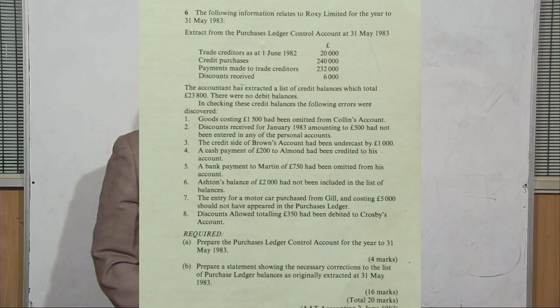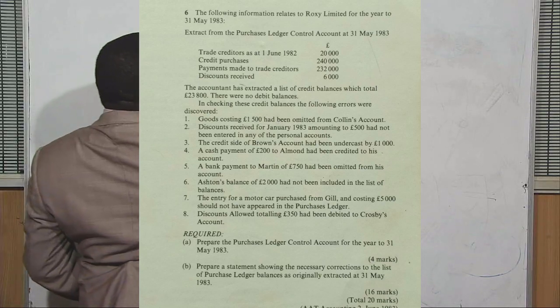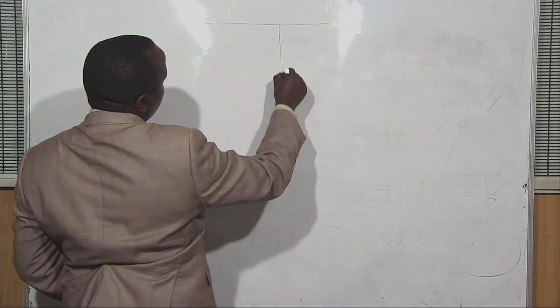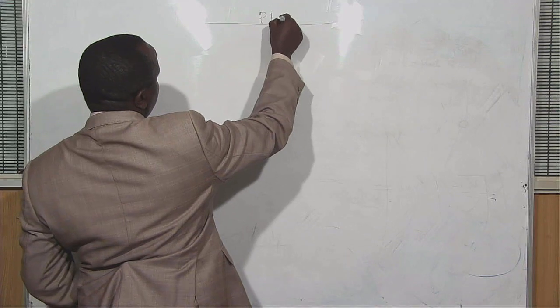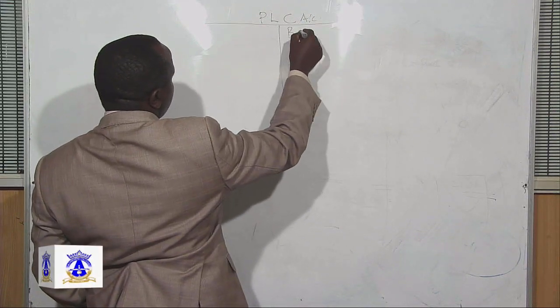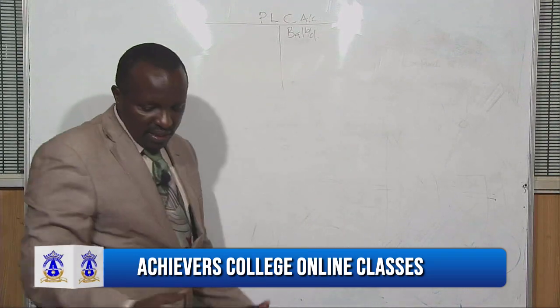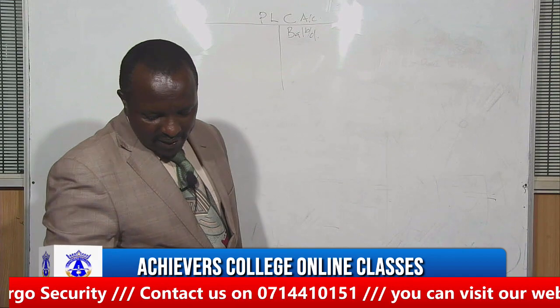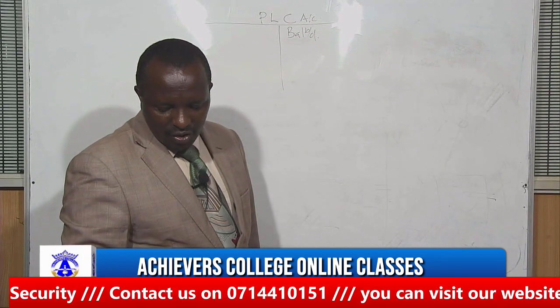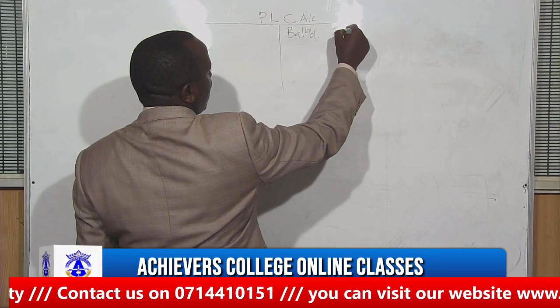Now, for us to do that question, we only require to draw the purchases ledger control account. Once we draw it, we ask ourselves, what is the balance brought down? It is given in the question, the trade creditors as at the 1st June 1982, which is 20,000.